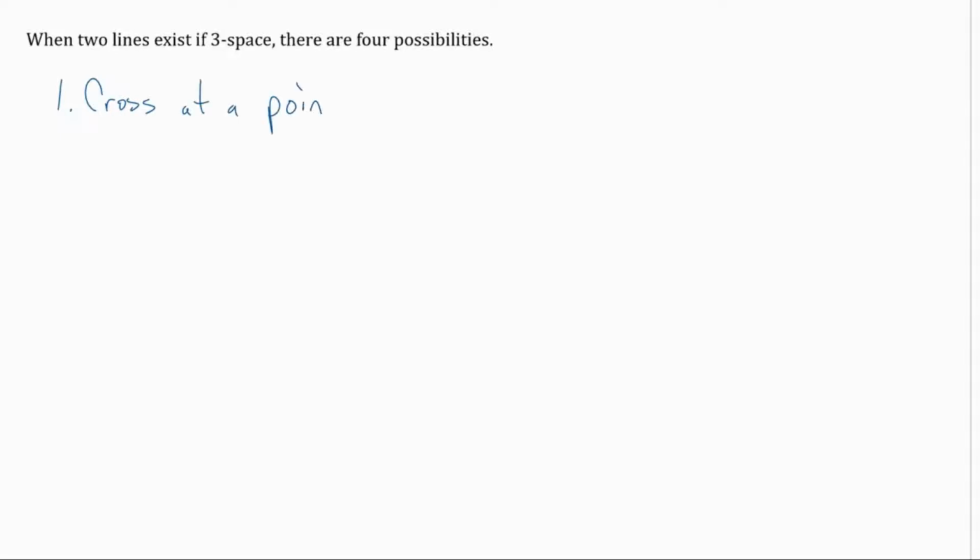So one solution. They could be parallel and coincident. Infinitely many solutions.